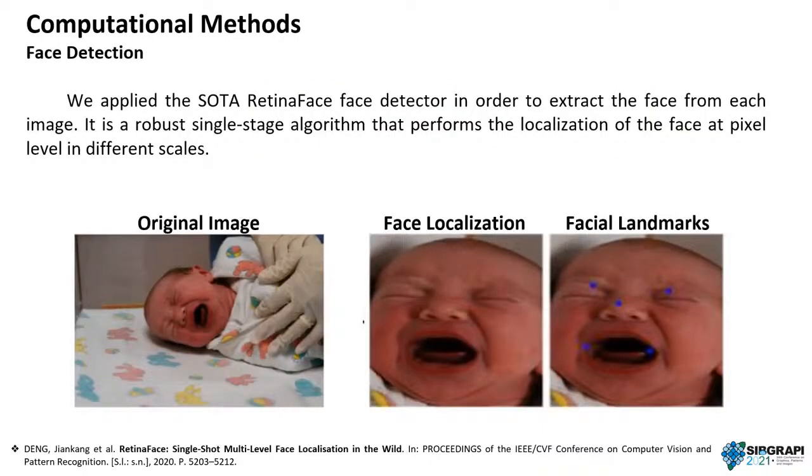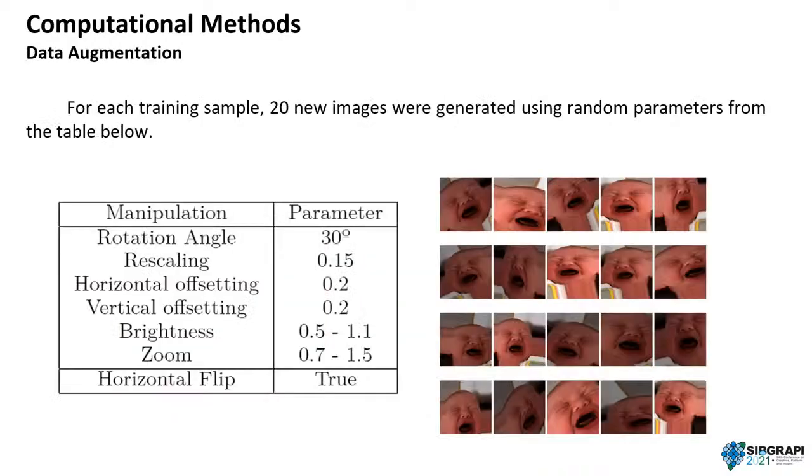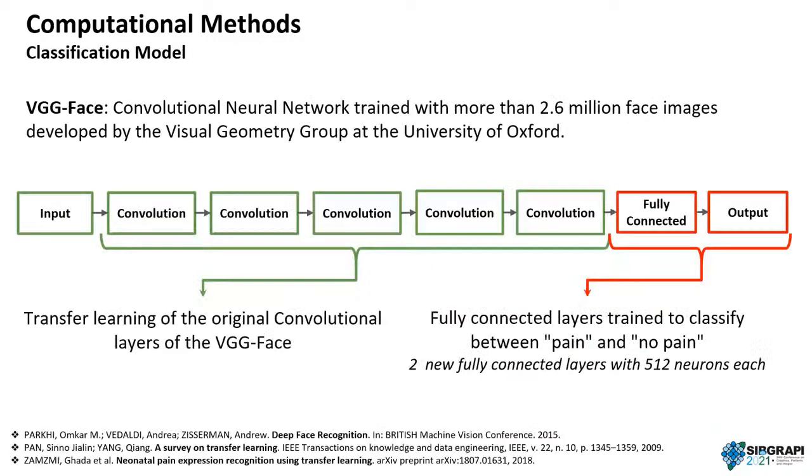We applied the state-of-the-art RetinaFace detector in order to extract the face from each image. Then, for each training sample, we applied data augmentation to generate 20 new images. Our classification model is based on the VGG-Face architecture, originally trained for facial recognition.